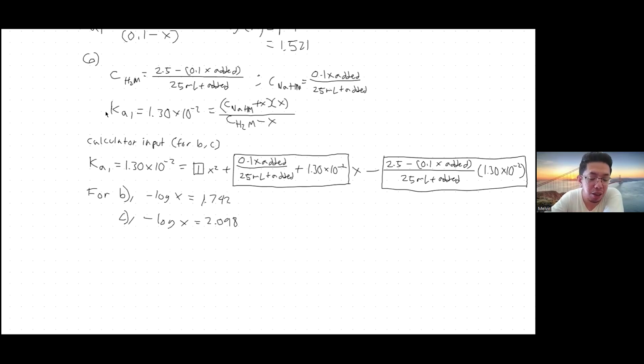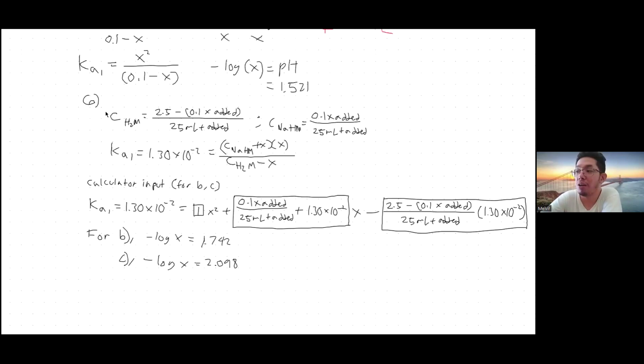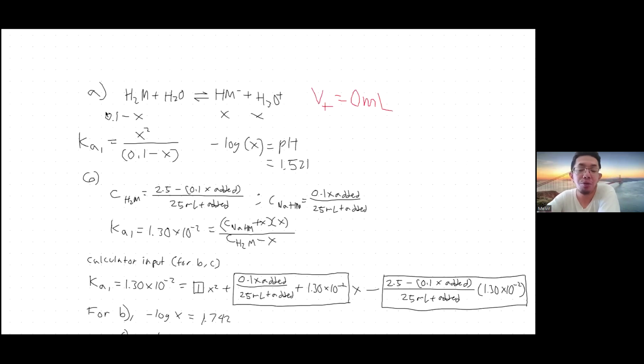Sa letter A, 0 ml titrant eh. So it means what? I want you to understand what's happening inside your system.